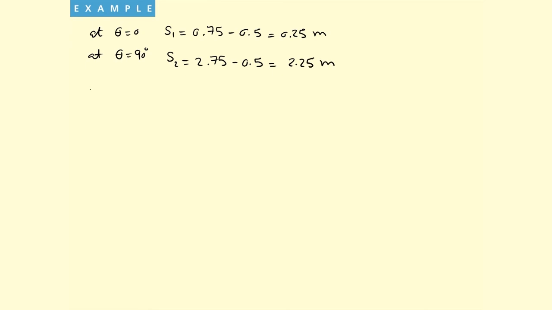Therefore, I can write the work done by the spring force equals, remember there's a minus, then you open a bracket, you have half, the spring constant is given as 30, times S2 squared, so this is 2.25 squared, minus, inside the bracket, half times 30 multiplied by S1, which is 0.25 squared.